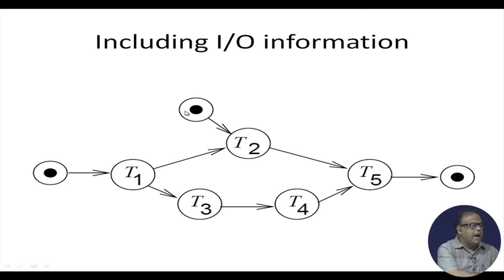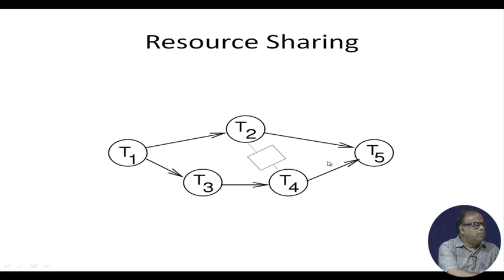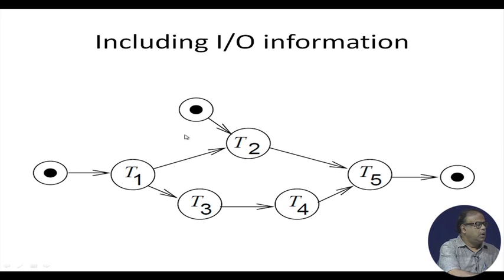We can also add IO information, as is being shown here. Here I am not exactly showing what the input is; we are showing some token. We will come across the notion of the token later on when we discuss Petri nets. Here it just shows that T2 needs some particular input to arrive in order that it can start.